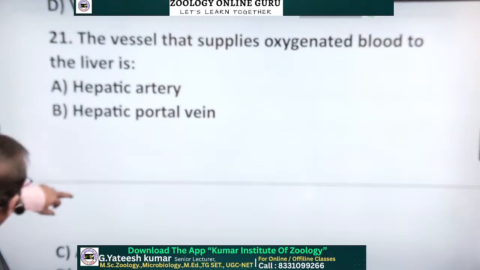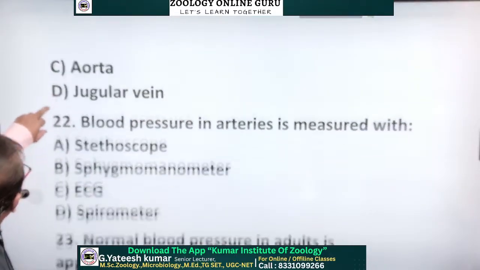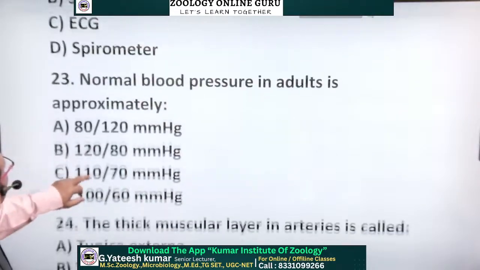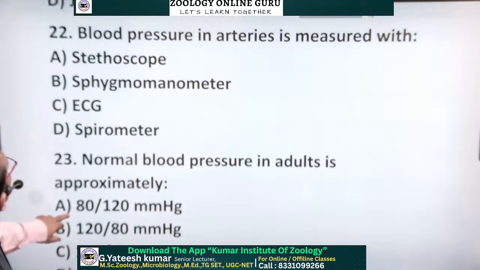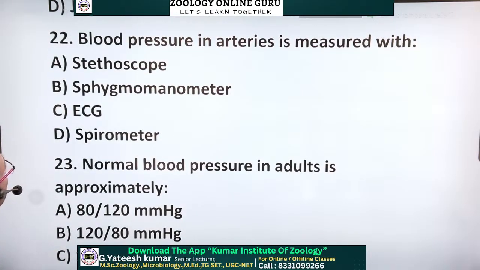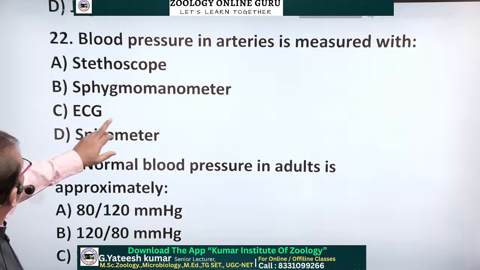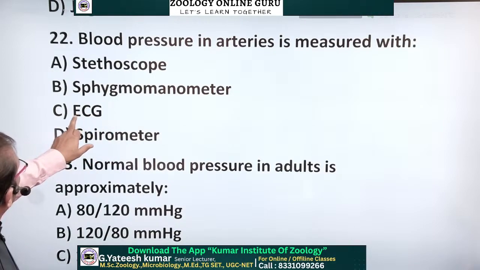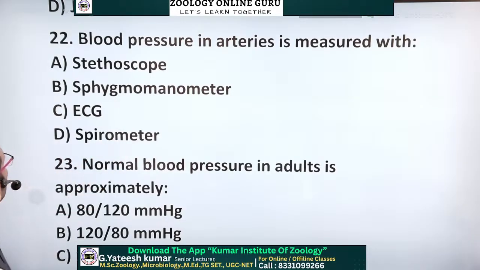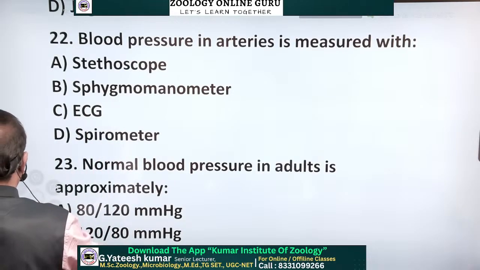Next, question number 22. Blood pressure in arteries is measured with: stethoscope, heartbeat, sphygmomanometer, ECG (electrocardiograph), and spirometer. The answer is sphygmomanometer.